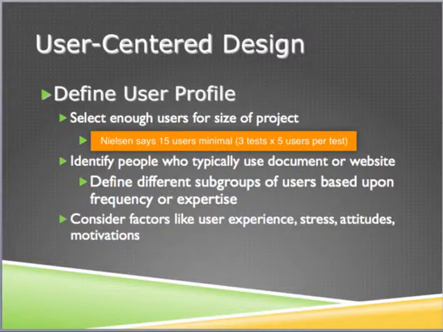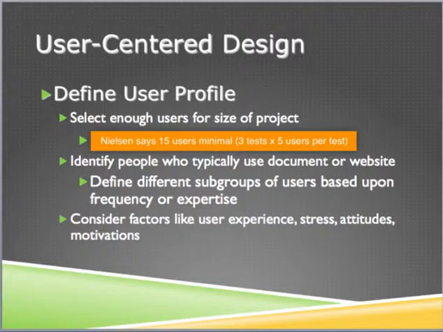You also need to identify different subgroups of users based on their frequency and expertise. So for example, with the Utah State University Library's website, you might want to do usability testing with students and break that apart for undergraduates and graduate students and then faculty.